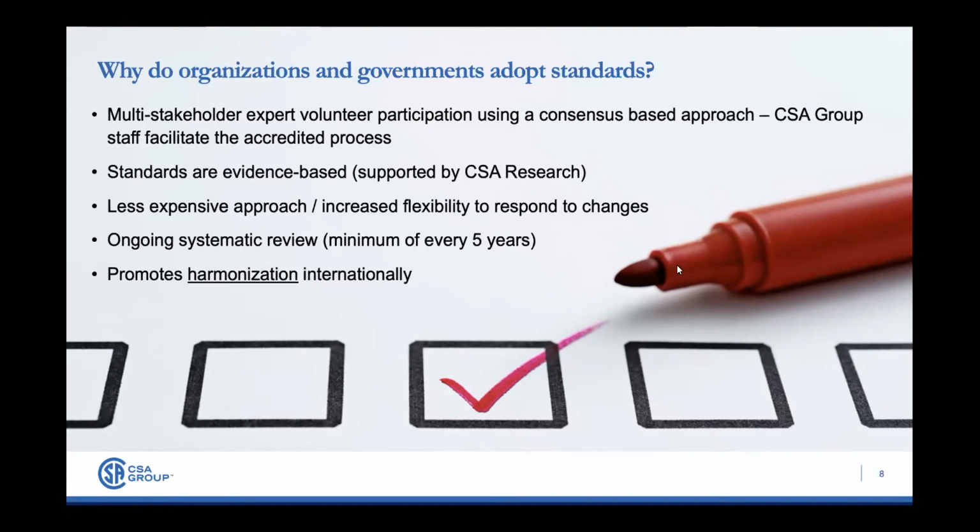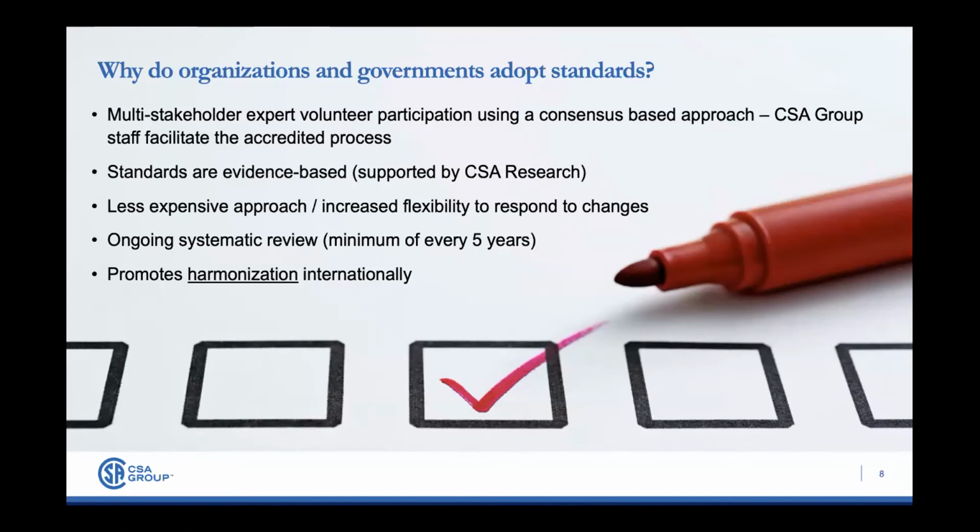The standards are quite often evidence-based, and they're supported by our research program, which has been running maybe four or five years now. And it's a less expensive approach. The Treasury Board has done studies and made recommendations to different levels of government to use the Canadian standards development system to address different policy challenges they may have.